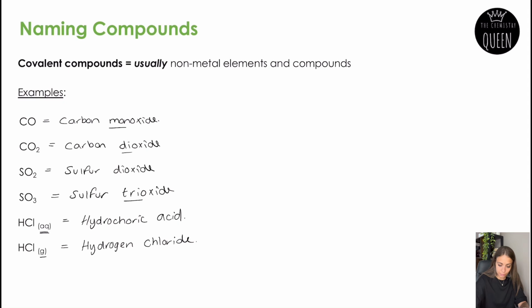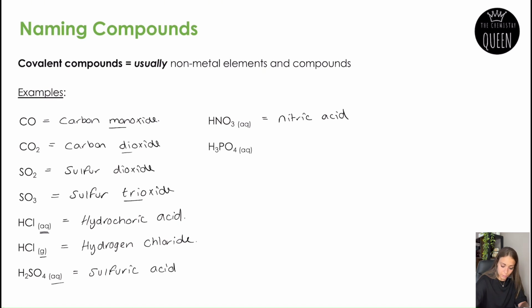Any others we've got? H2SO4, you'll be able to recognize this. Again, aqueous, sulfuric acid, so you must learn the formulae of these common acids. HNO3, nitric acid, H3PO4, phosphoric acid.